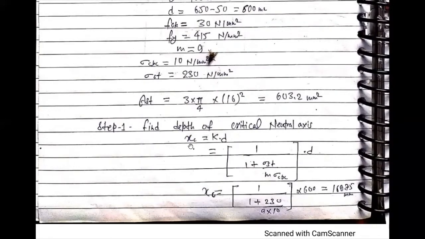It is given by the formula as we read earlier. Critical neutral axis XC is equal to K into D, where K is 1 upon 1 plus sigma ST upon m sigma CBC, multiplied by D. So putting the values, we get XC equal to 168.75 mm.